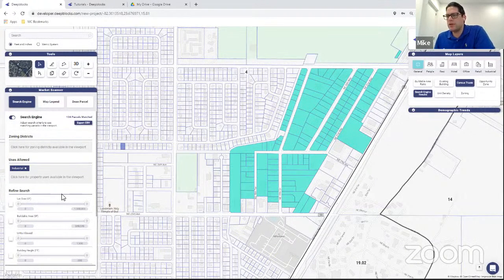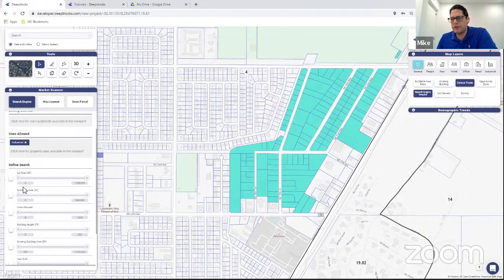So these are all good indications that this is a strong area to develop in. We're now within census tract 4 of Gainesville. I entered industrial use allowed, and we went from 3,500 parcels in my viewport down to just 124 within this census tract. Now we can continue to narrow this down based on particular search criteria.